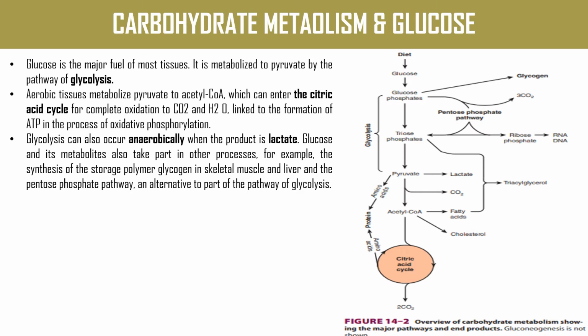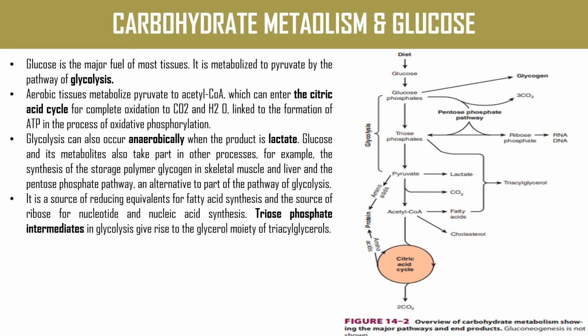Glucose and its metabolites also take part in other processes, for example, the synthesis of the storage polymer glycogen in skeletal muscle and liver, and the pentose phosphate pathway, an alternative to part of the pathway of glycolysis. It is a source of reducing equivalents for fatty acid synthesis and the source of ribose for nucleotide and nucleic acid synthesis.